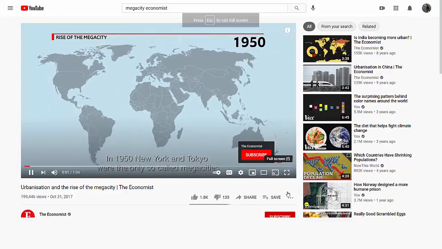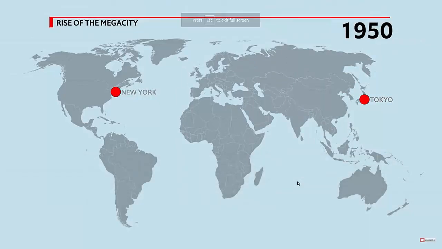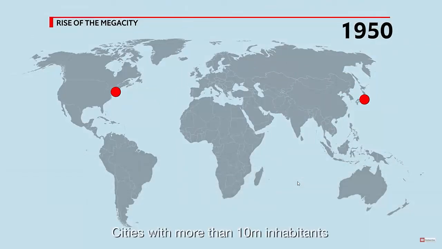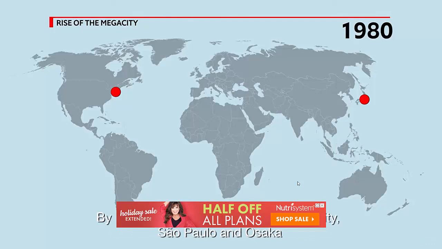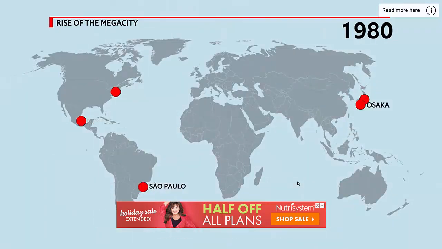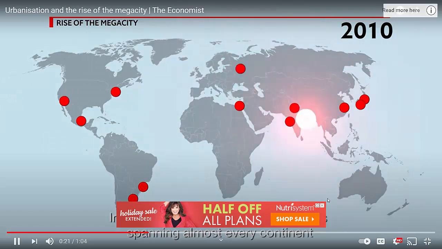In 1950, New York and Tokyo were the only so-called megacities, cities with more than 10 million inhabitants. By 1980, these were joined by Mexico City, Sao Paulo, and Osaka. In 2010, there were over 20 megacities spanning almost every continent.